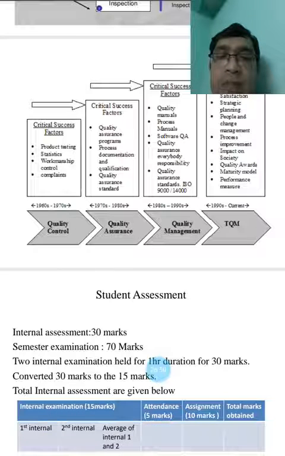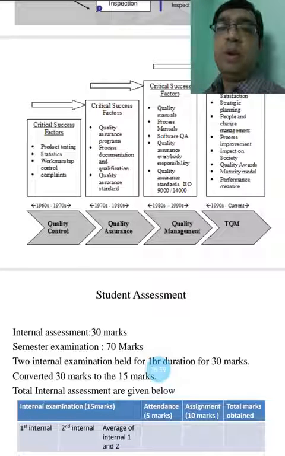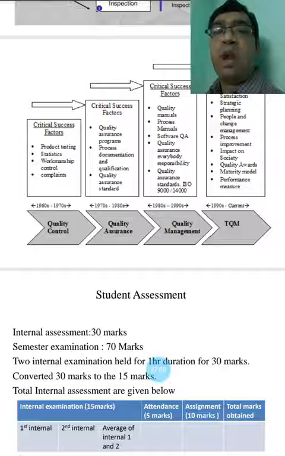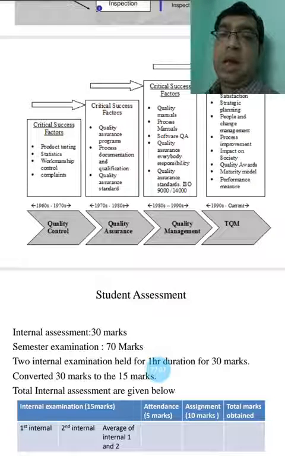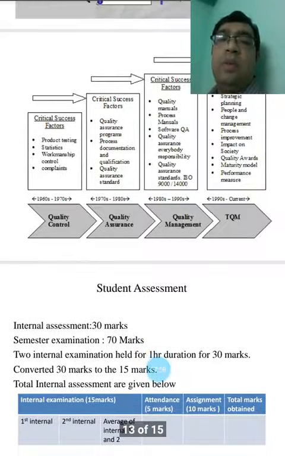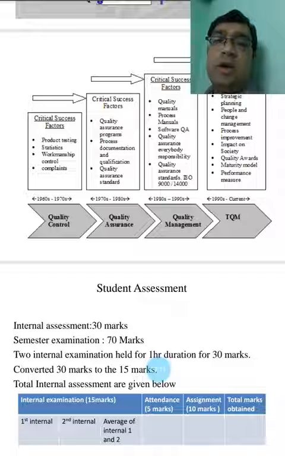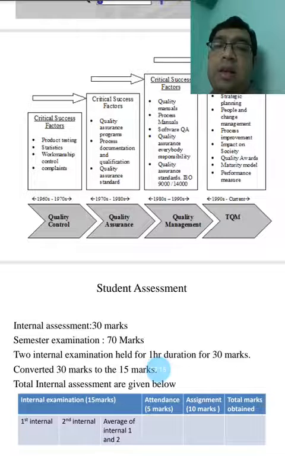And again quality awards, and maturity model will be required, that means the prototype model will be introduced, and also performance measures. Then total quality management is considered from 1990 to current times.